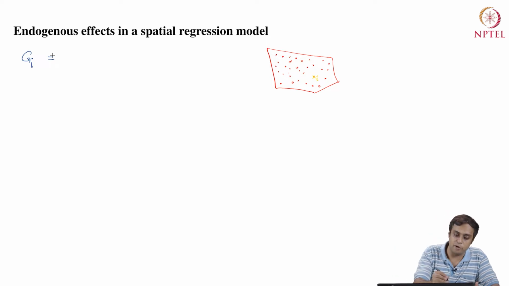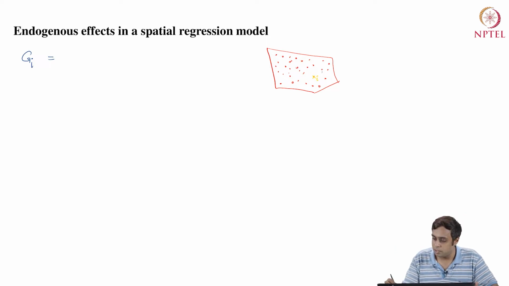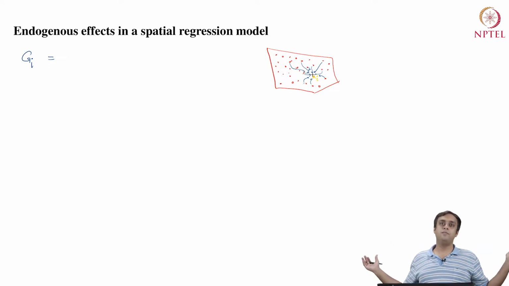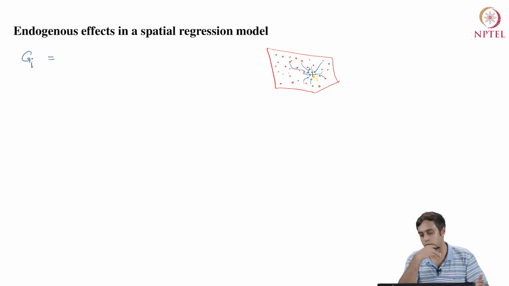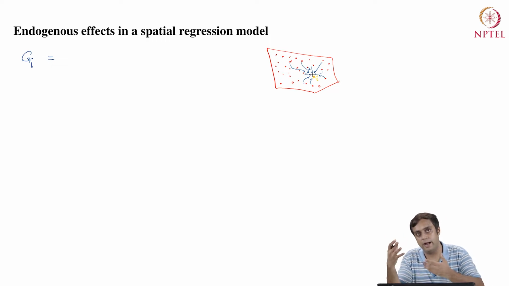The point that I am trying to make is that all the values in its neighborhood are going to have a spillover effect on the groundwater levels at location I. Of course, the degree of spillovers can vary by the location of the neighbors. So all the dots in this sample will have contributed to the level of groundwater at location I.